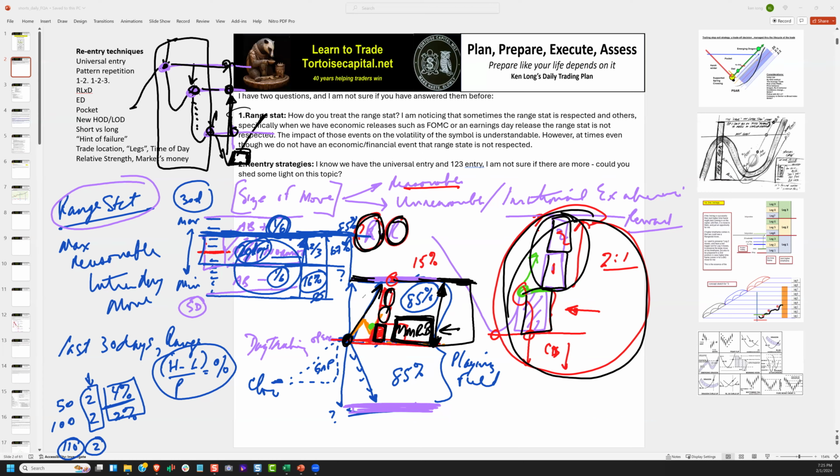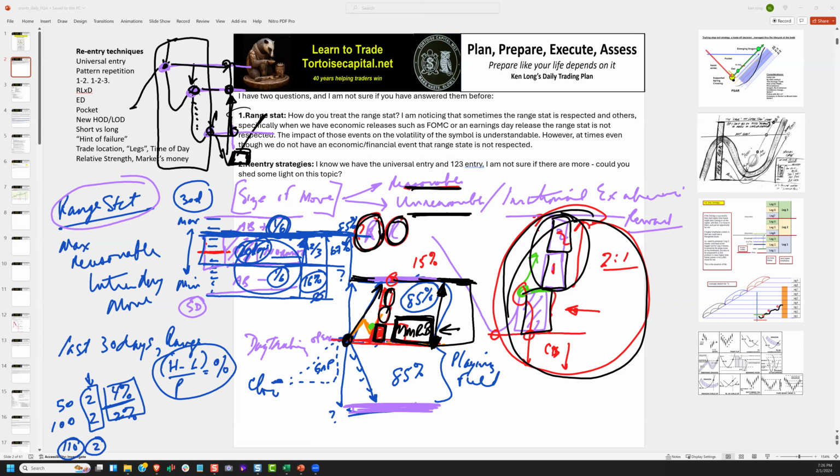And that's why we're using the size of the daily ranges in order to calibrate our expectations or our understanding of the size of a reasonable versus an unreasonable move. Now remember, the range stat is not a prediction that it will move that far or that it can't move farther.